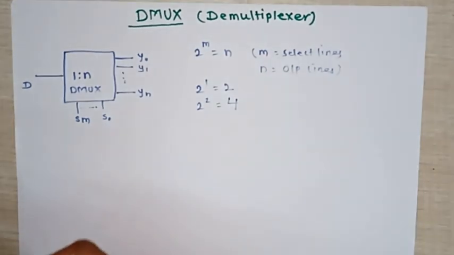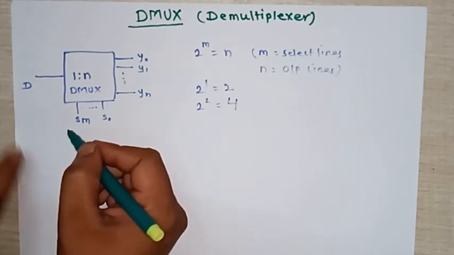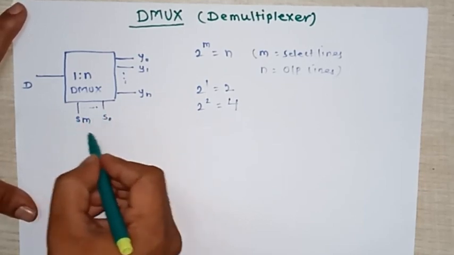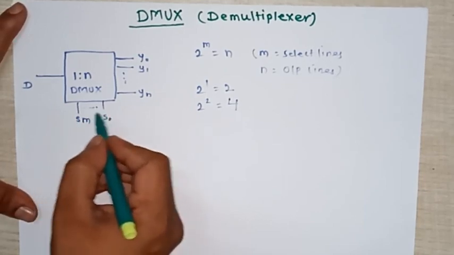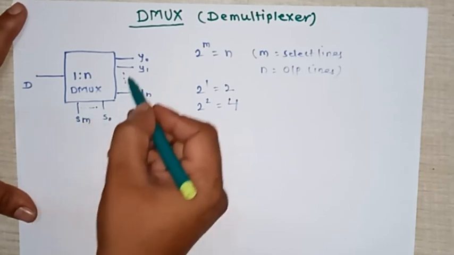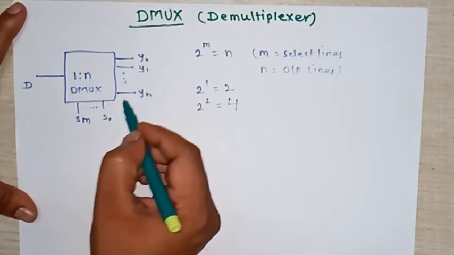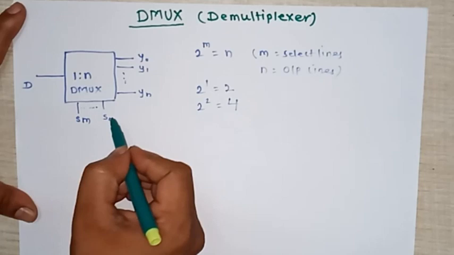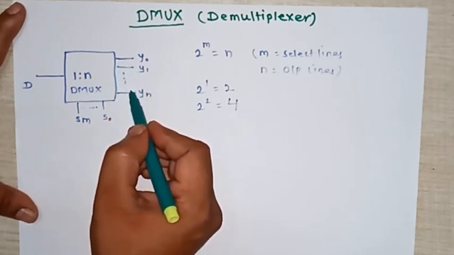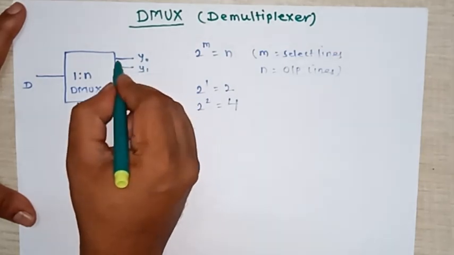Now let us see what is actually the function of this demultiplexer. The status of the select lines is used to select any one of the outputs from these output lines. Let us consider the select lines have selected output y0.